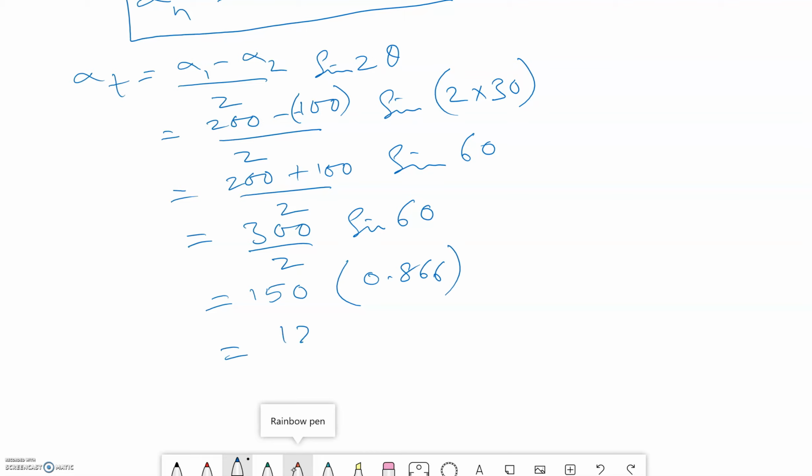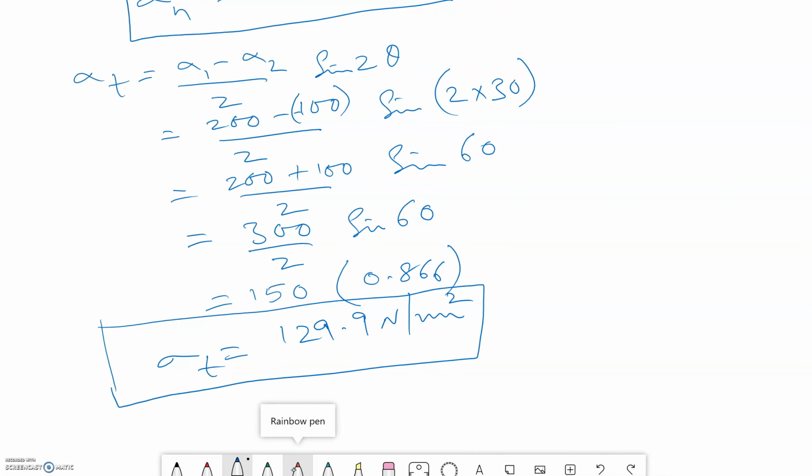Now when you multiply this, you get 129.9 Newton per mm squared. This is sigma t. Let's put this in a box as well so we know what values we have to use.